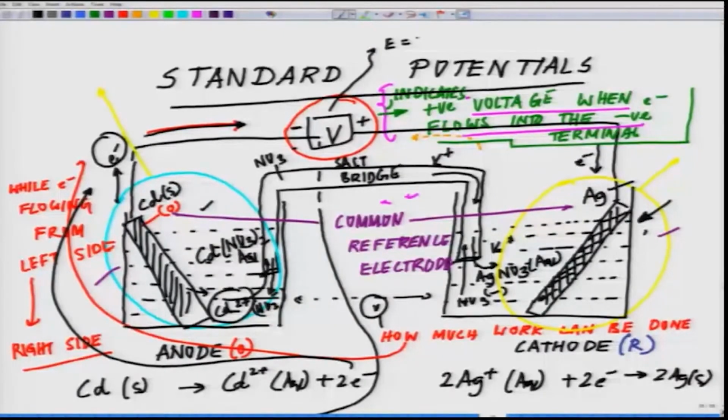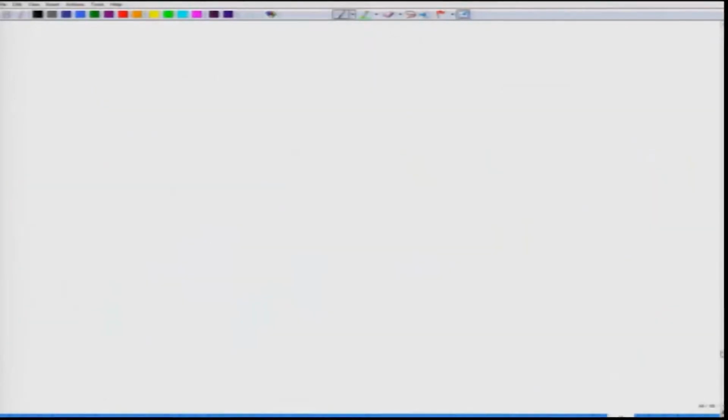What is the driving force that will drive the electrons to do the work of moving from cadmium to the solid silver electrode? This is what the Nernst equation addresses, and that is what we are going to talk about today. So, let us resume the lecture.